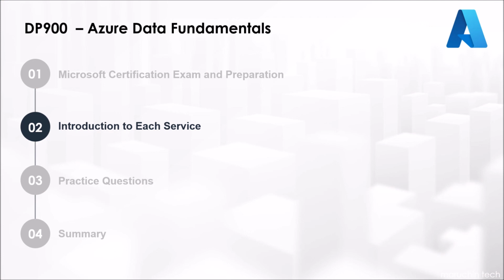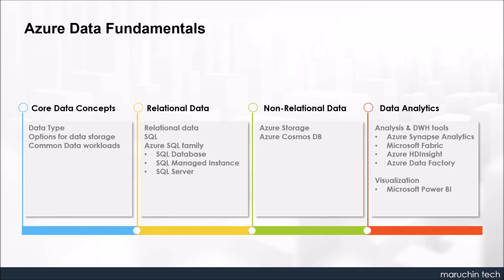In Chapter 2, I will introduce each service. And these are the contents of Chapter 2, which is organized according to the DP-900 exam guide. From left to right: the core data concept, relational databases, non-relational databases, and data analytics. The core data concept includes the data types, the types of data storage, and the common data analysis workloads.